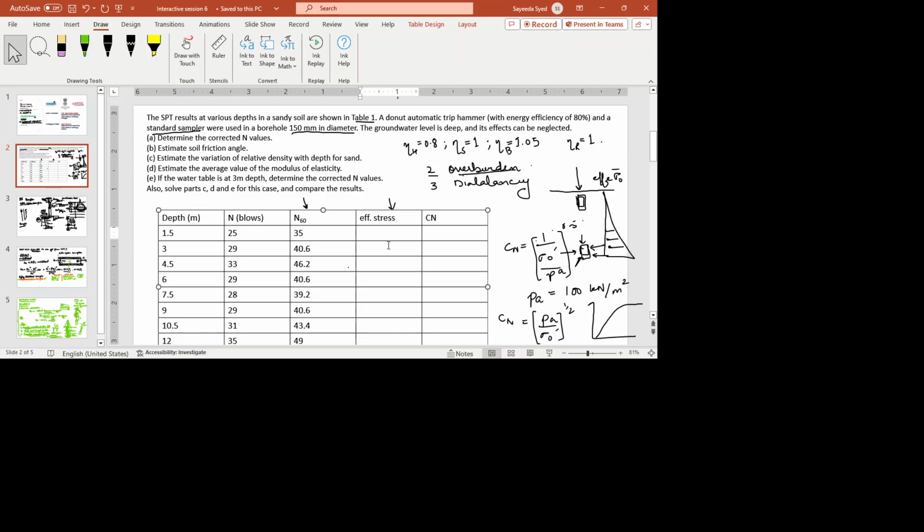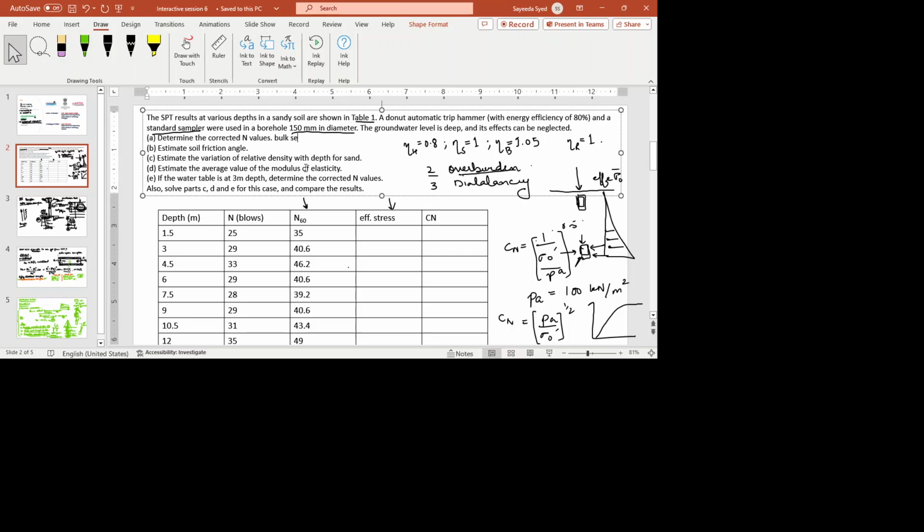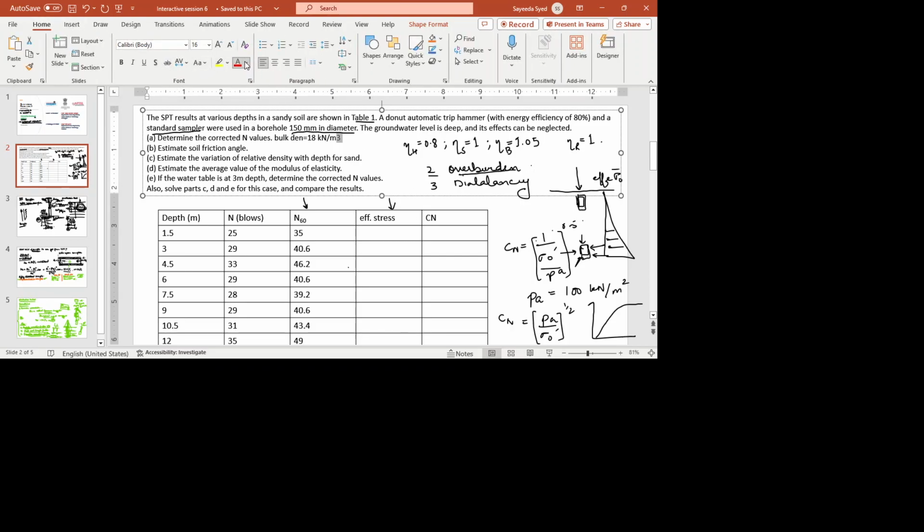Let me check. The gamma that has been given in this soil, the bulk density, is 18 kilonewton per meter cube, and the saturated density is 19.5 kilonewton per meter cube.